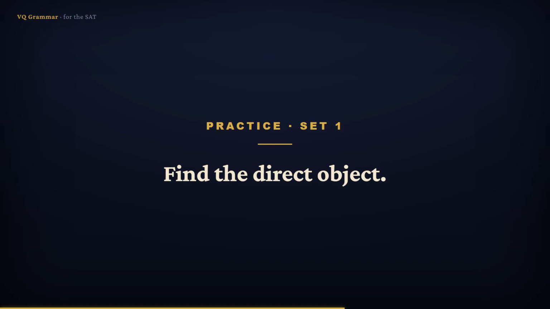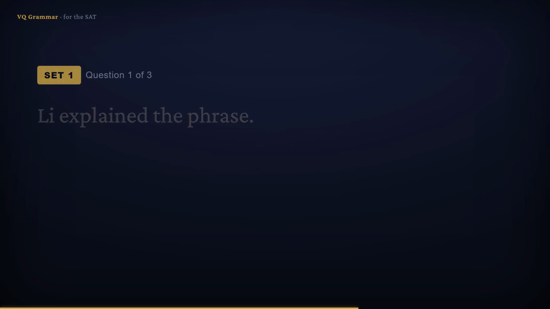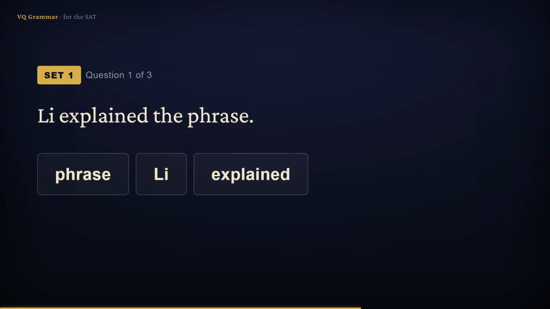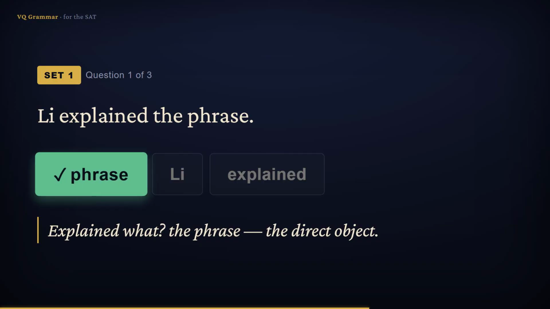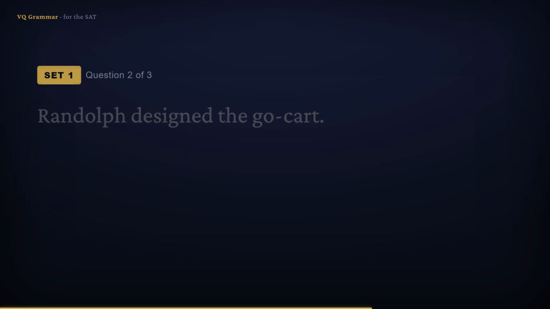In each sentence, find the direct object, the noun that answers what or whom after the verb. Pause and try before I answer. Lee explained the phrase. Explained what? The phrase. So the direct object is phrase.